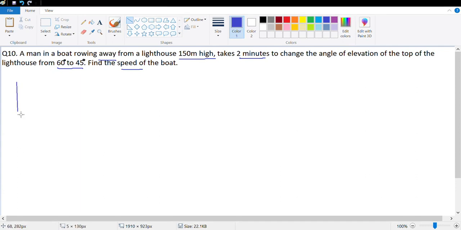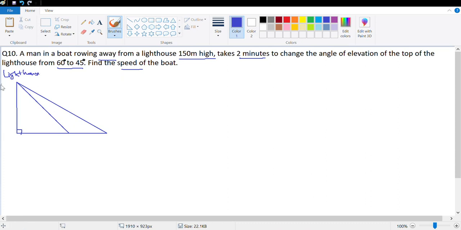So a rough diagram once again. This is the lighthouse and the man is rowing away. So the first angle of elevation. So he's here, not depression. He's observing from here. So he's rowing away. This is the first one, and then the second one is here. Next, this is my lighthouse.